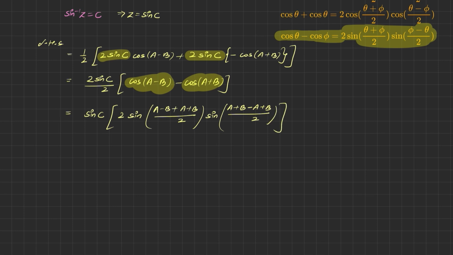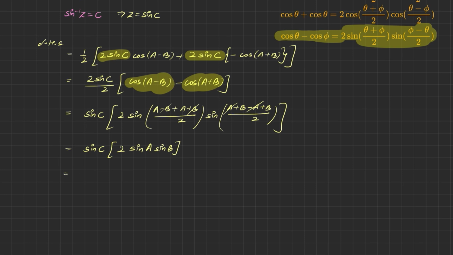So here minus b plus b get cancelled, plus a minus a got cancelled. So it will be sine c into 2 sine a plus a by 2 is sine a, and sine b plus b by 2 is sine b.